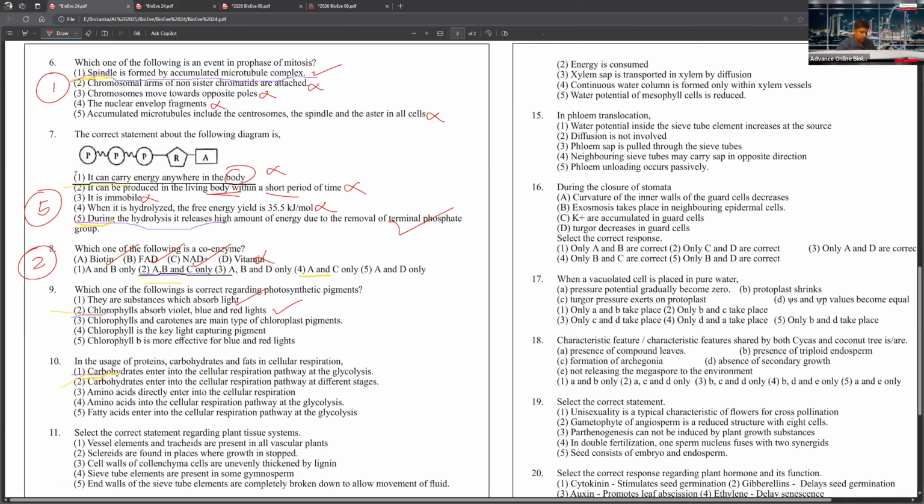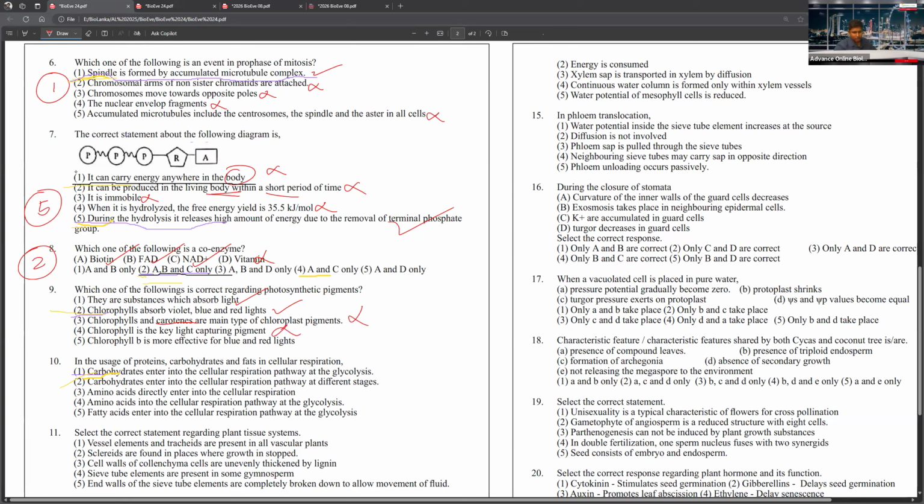Carotenoids, not only. Xanthophyll is also present. Next one is chlorophyll is a key light capturing pigment.